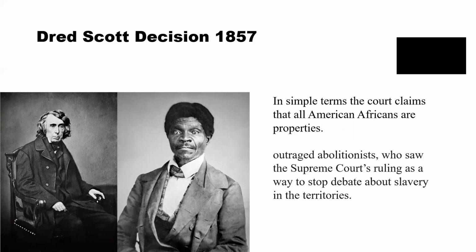This enraged abolitionists, who saw the Supreme Court ruling as a way to stop the debate about slavery in territories. Many Northerners were upset as well, because they wanted these newly claimed territories to be free states. This again further contributed to tension over slavery and eventually sparked the Civil War.